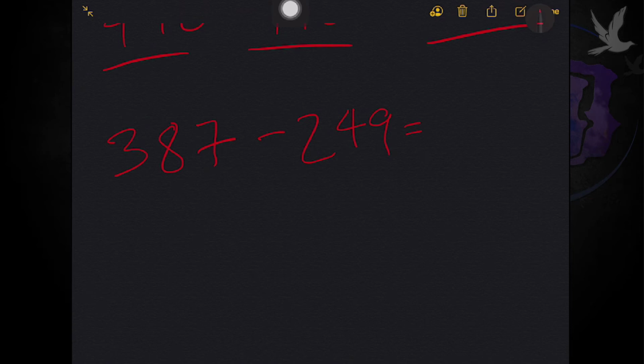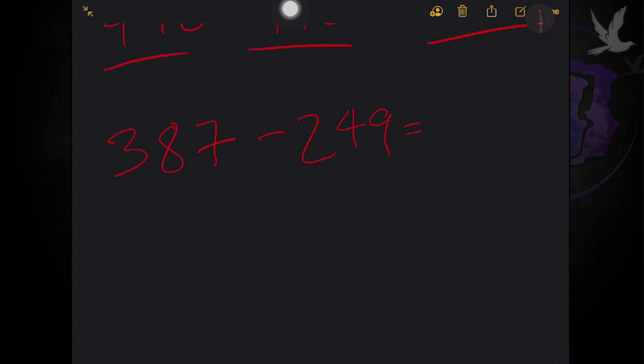And for letter D, nearest 100 still. So almost the same. For letter E, you are asked to do both tens and hundreds. Okay, so that's basically it.